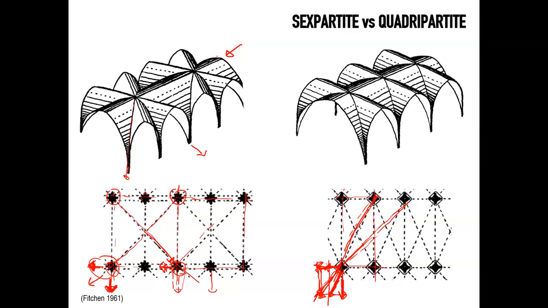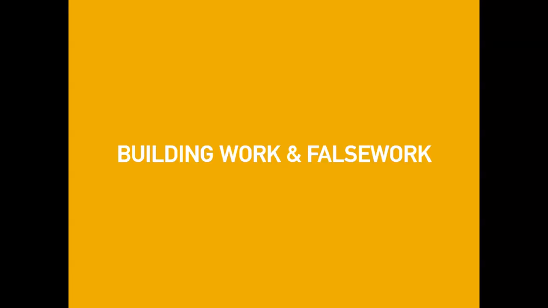So in other words, this is a dynamic understanding of loading that justifies why, and we will see how this happened in history, cathedrals progressively moved from the six-partite to the quadripartite vault. But how were they built?